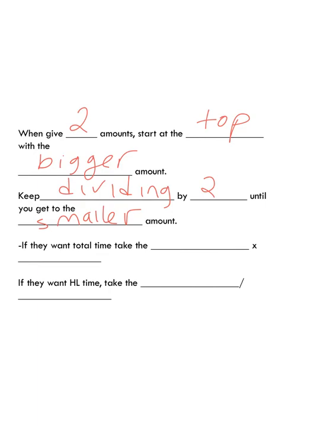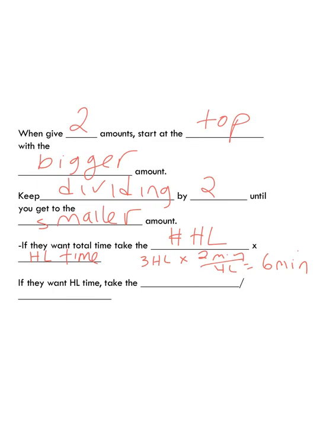But usually it either asks you for total time or how long the half-life is. So if they want the total time, you are going to take the number of the half-lives times the half-life time. So for example, 3 half-lives times 2 minutes and a half-life would be 6 minutes total.